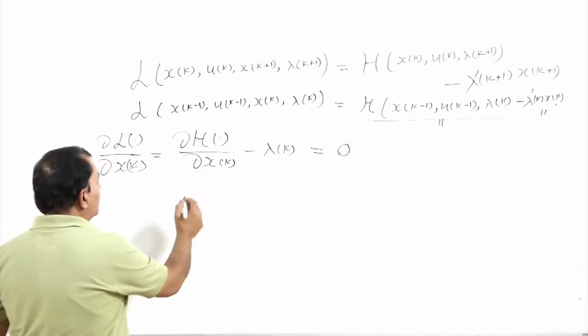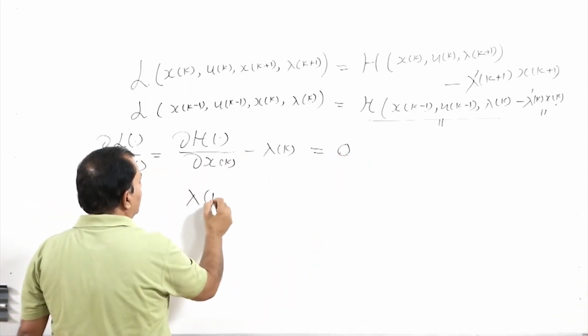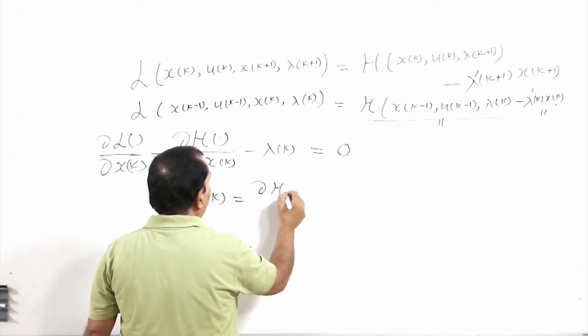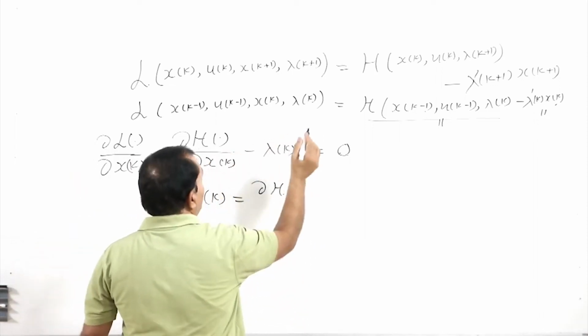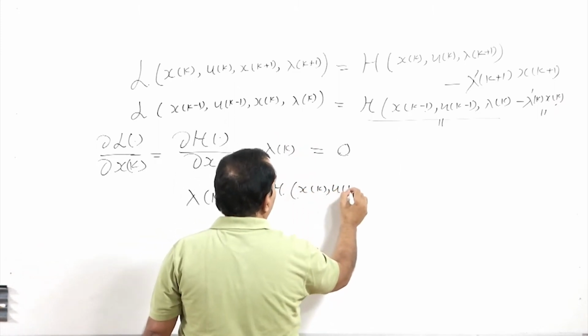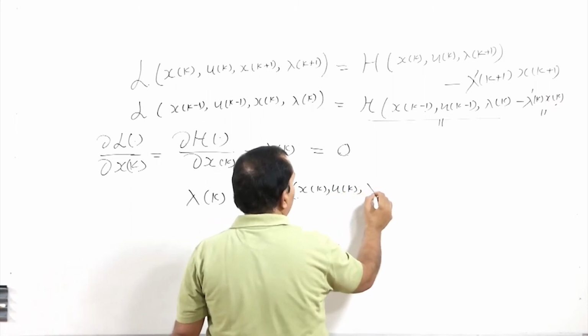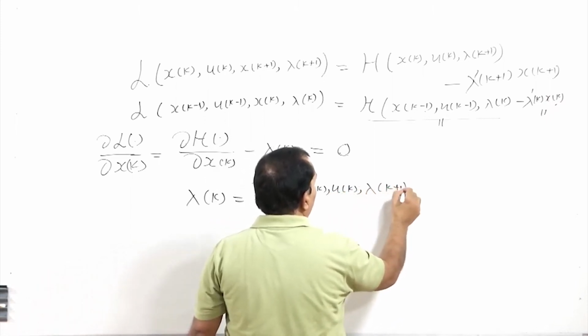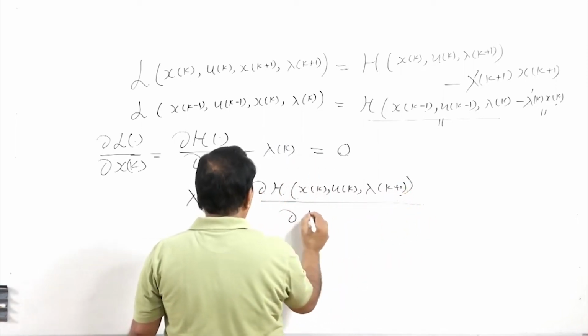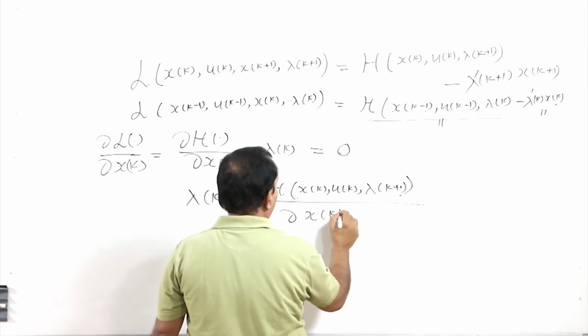So, what I will get? Lambda k equals del h, which will be the function of my x k, u k, lambda k plus 1, by del x k.